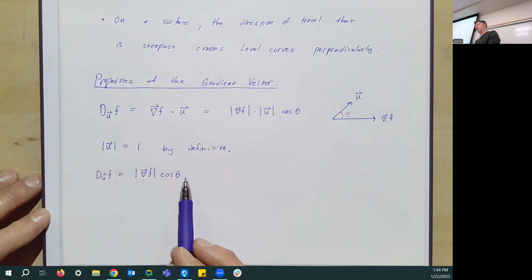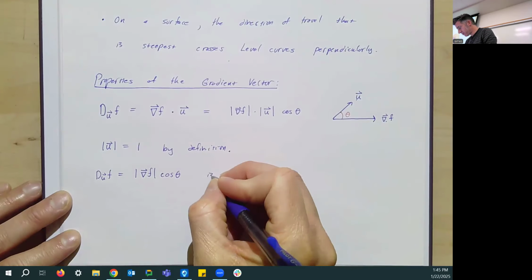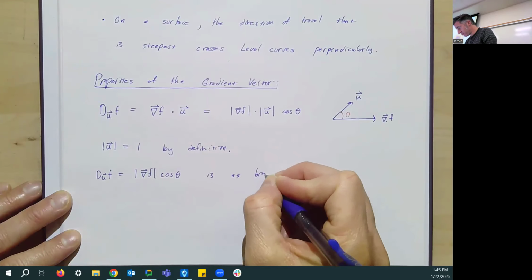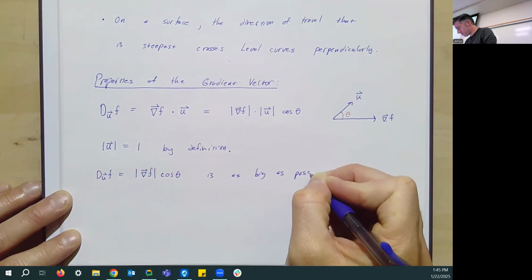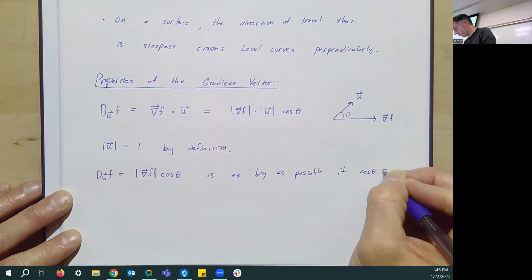If I wanted to make this as large as possible, what's the biggest value that cosine can ever have? Think about the graph of cosine. How high does it go? 1. The biggest this can ever be is if cosine of theta is equal to 1.